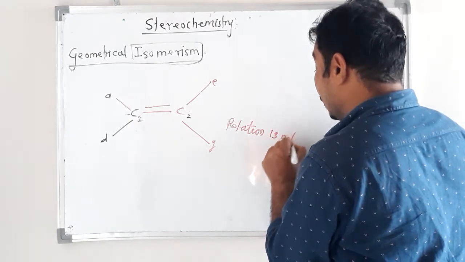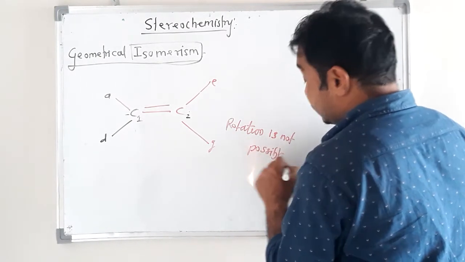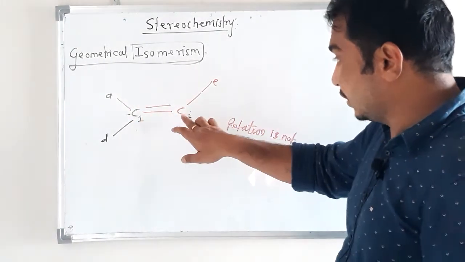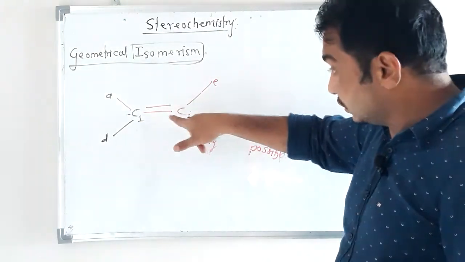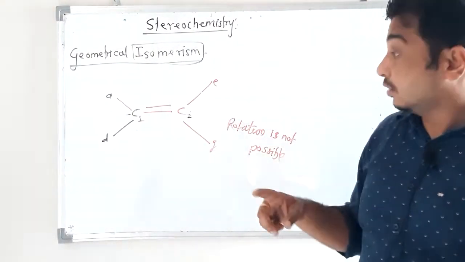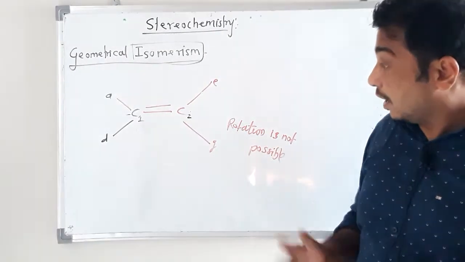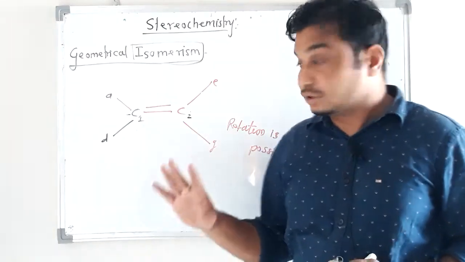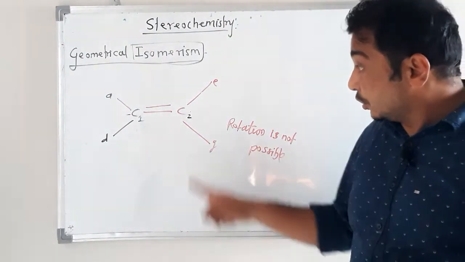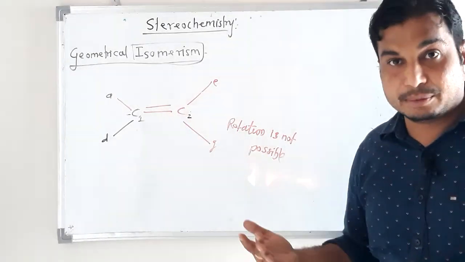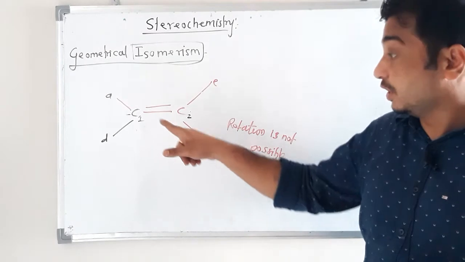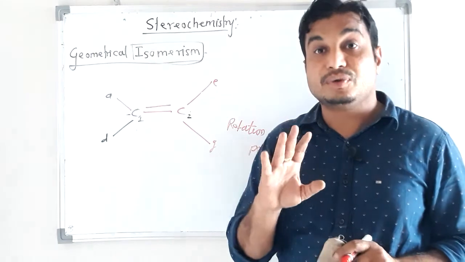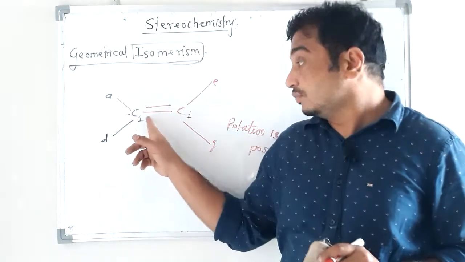Rotation is not possible now, because if we fix C1 and try to rotate C2 across this carbon-carbon double bond, then the bond will break, and after breaking the bond the original molecule will be lost. So that is not possible. Due to this double bond or multiple bond, the free rotation between carbon 1 and carbon 2 is stopped. There is no more free rotation because of the double bond.